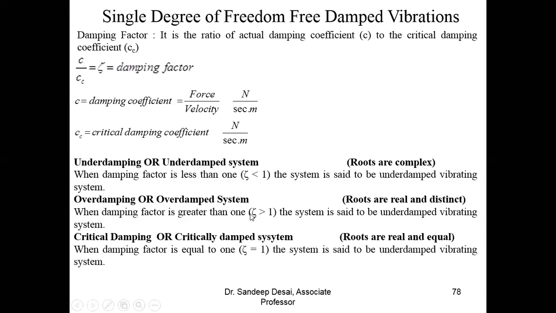So underdamped, zeta less than 1 means the actual damping coefficient is less than the critical damping coefficient. Overdamped, zeta greater than 1 means the actual damping coefficient is greater than the critical damping coefficient. And critical damping, zeta equal to 1 means C is equal to Cc. Roots are complex, real and distinct, and real and equal respectively.